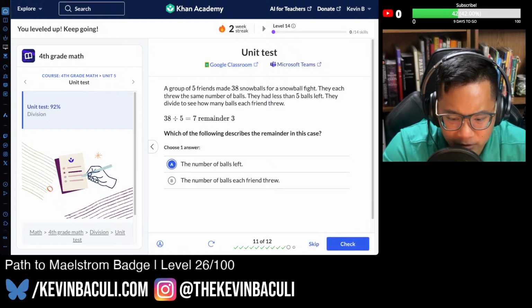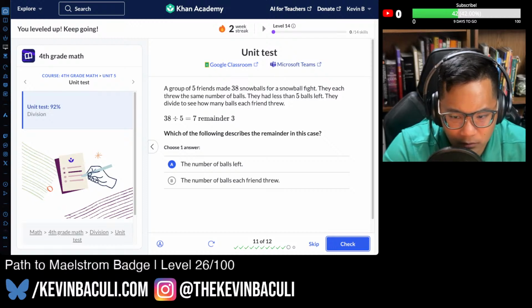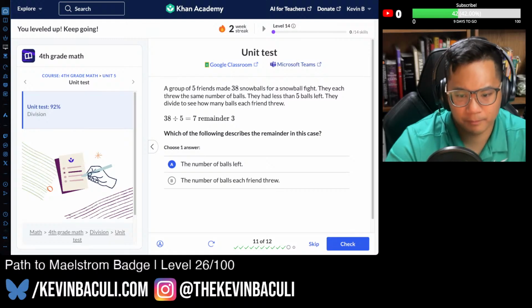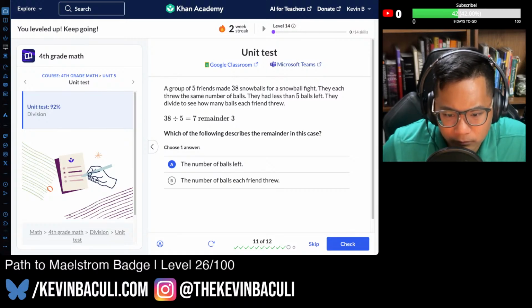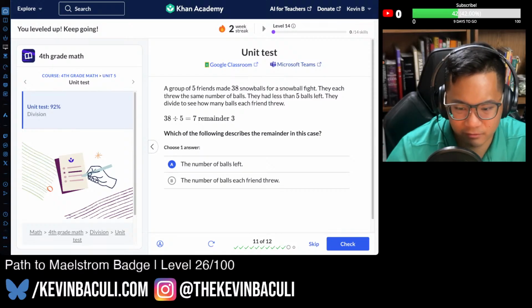The number of balls left. They had less than 5 balls left.